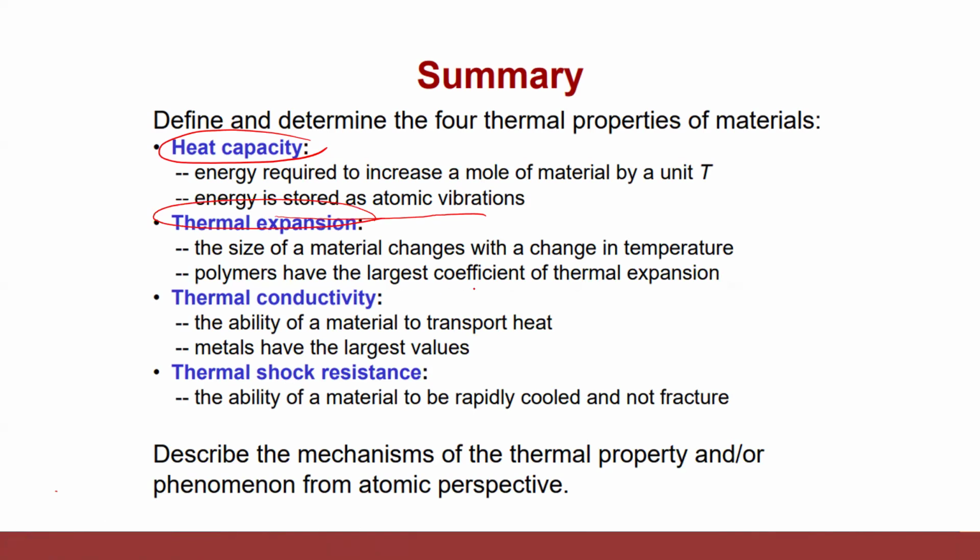Polymers have the largest coefficient of thermal expansion, and thermal conductivity is the ability of materials to transport heat, and metals have the largest value. Thermal shock resistance is the ability of materials to be rapidly cooled or heated and not fracture. So these things you have discussed in your lecture, am I right?